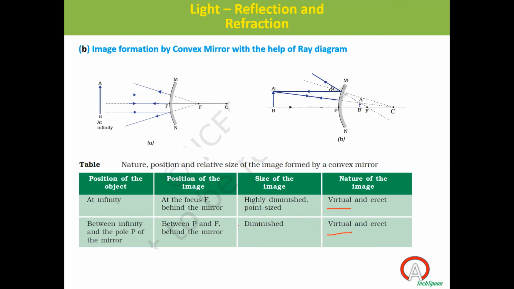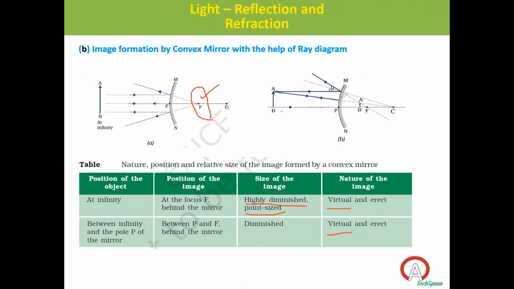Now you see the size of the image, point size or diminished. This is a point size image. Here it is diminished, size reduced. So at infinity, you will get a highly diminished, point-sized image like this, if the object is at infinity.